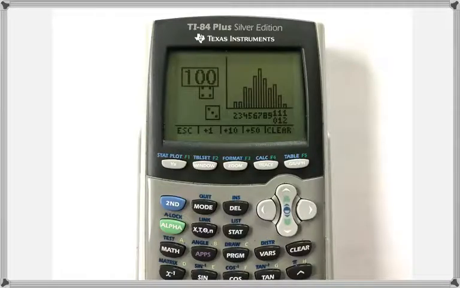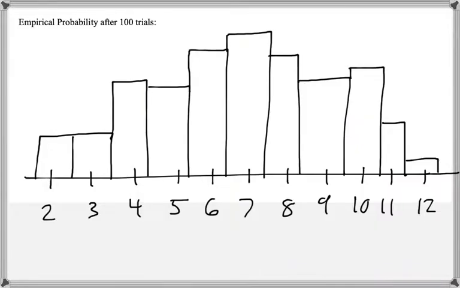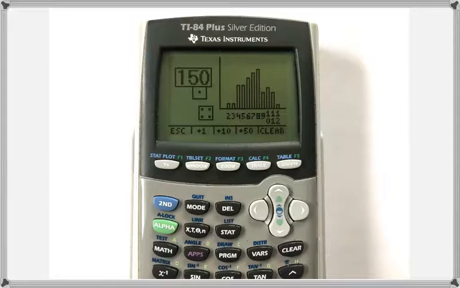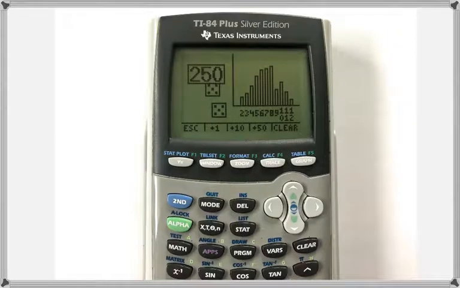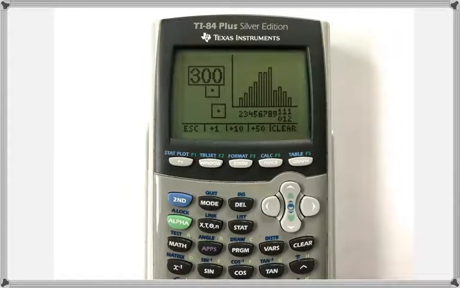Next, I'm going to roll 50 more for a total of 100, and you'll notice that we finally have some 12s. So our graph looks something like this. Then 150, 200, 250, and 300.